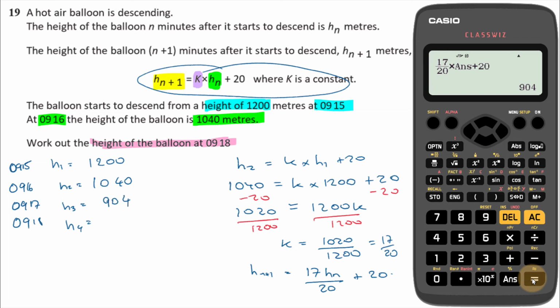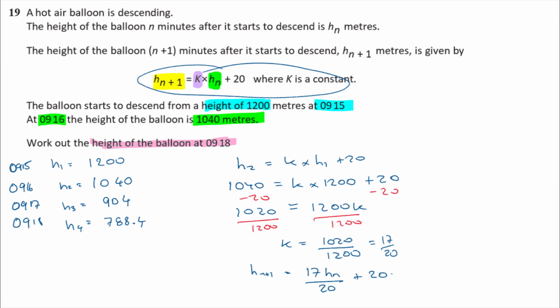That's going to be h3, and then h4 is going to be 788 2/5 apparently, which as a decimal is 788.4. Okay, is that my answer? Balloon starts to descend, blah blah blah. Work out the height at 0918. I think I've done it, haven't I? That's everything. So it's 788.4.